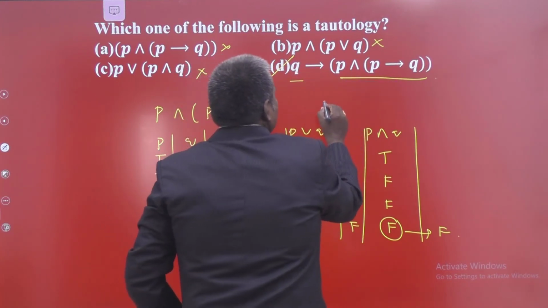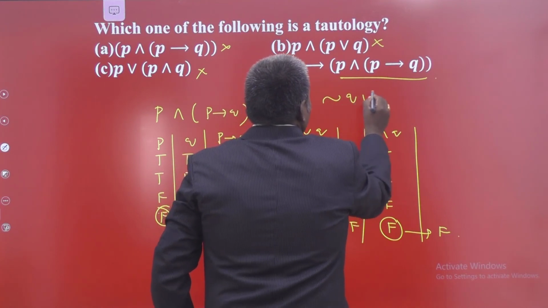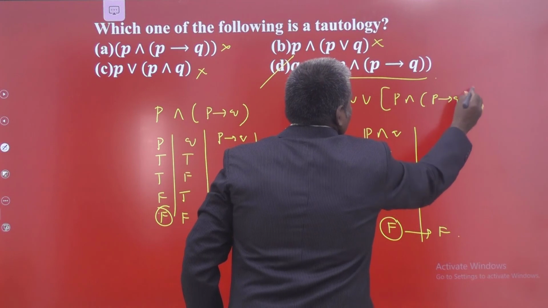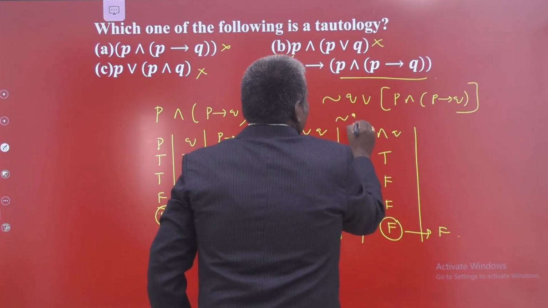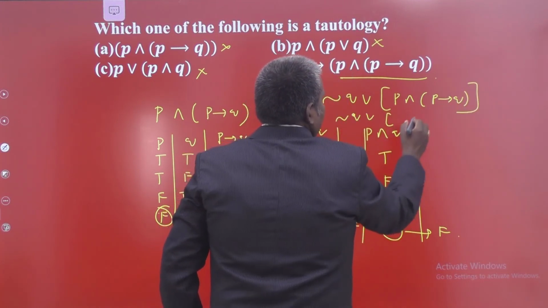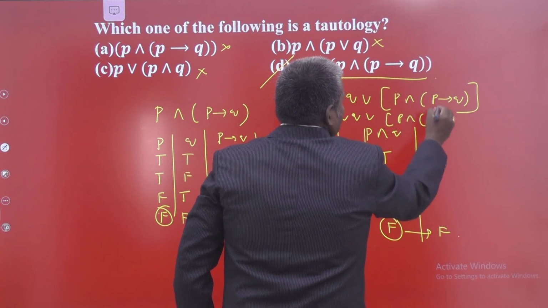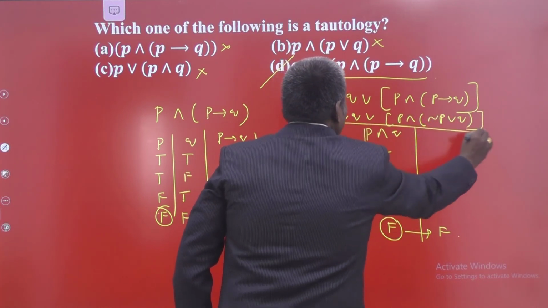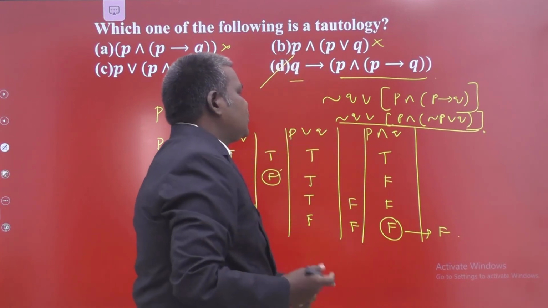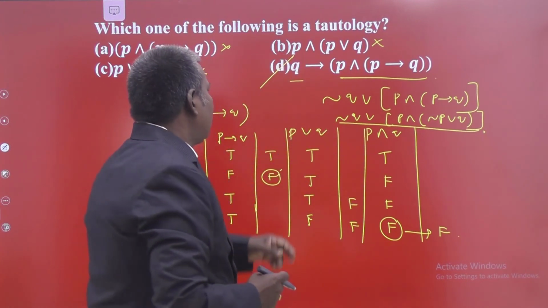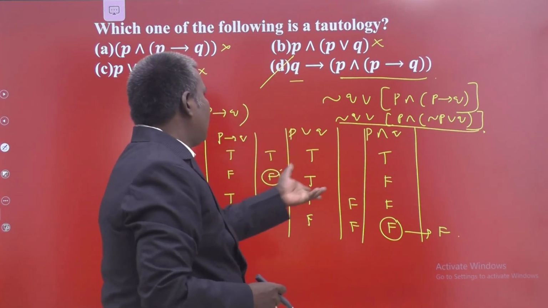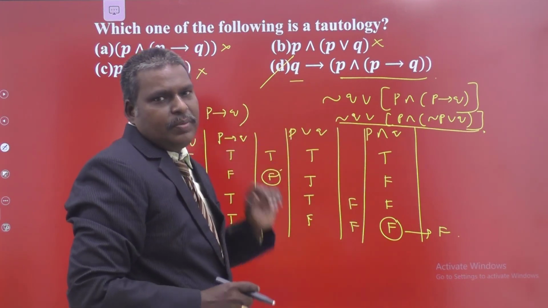Negation of Q or P, and P implies Q means negation of P or Q. If you expand this, that statement will always be true. Or you can prepare the truth table in the same manner, you get all truths, that will be a tautology.